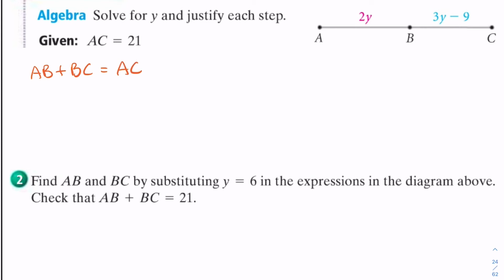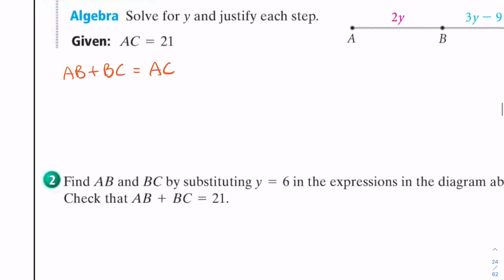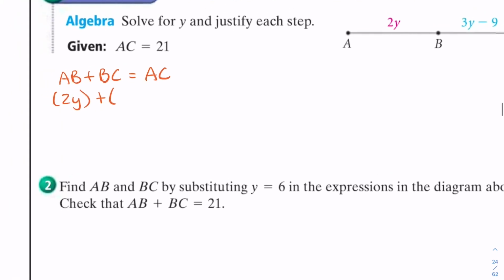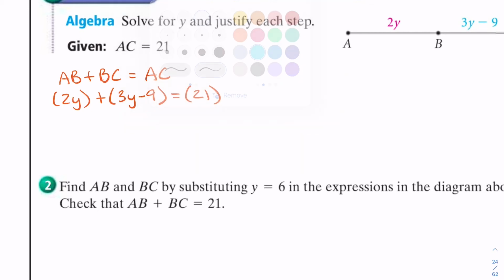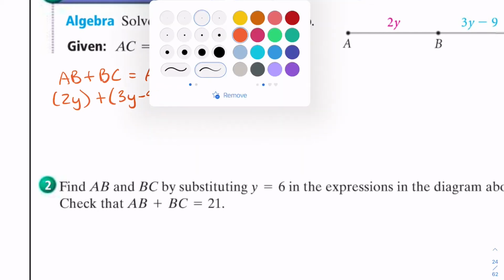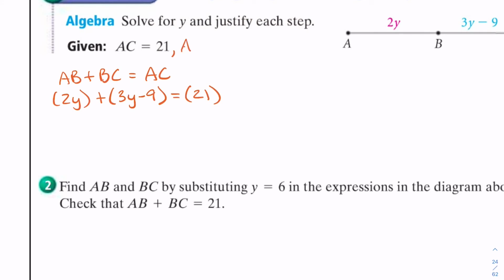And I'm going to write this as 2y plus 3y minus 9 equals 21. And where did I get all those numbers? Well, I got AB initially. This started off as AB, which in the diagram is 2y.